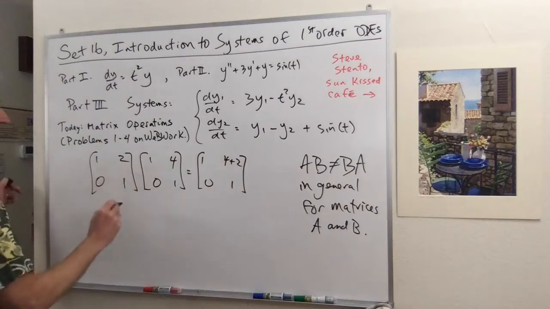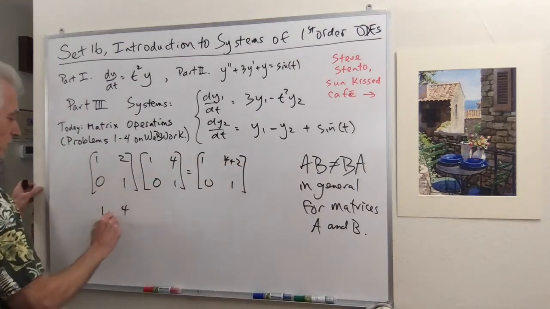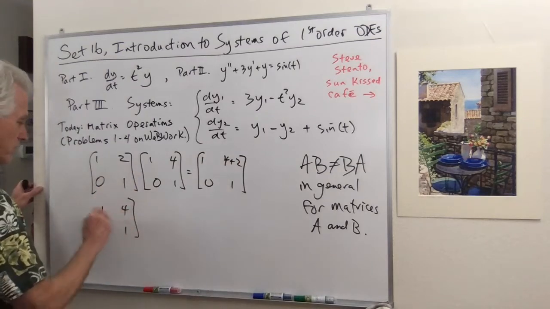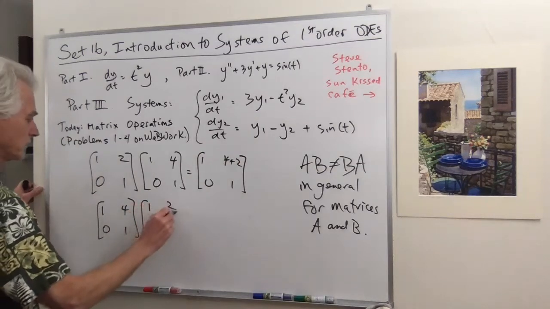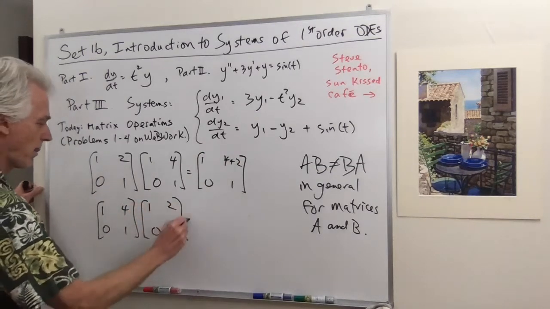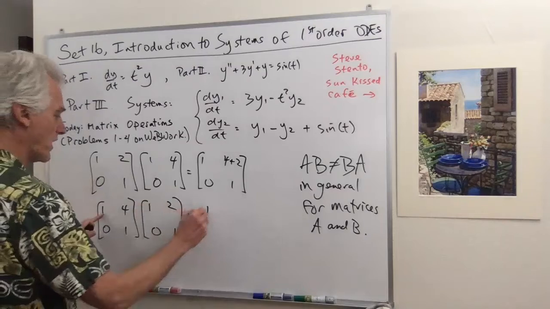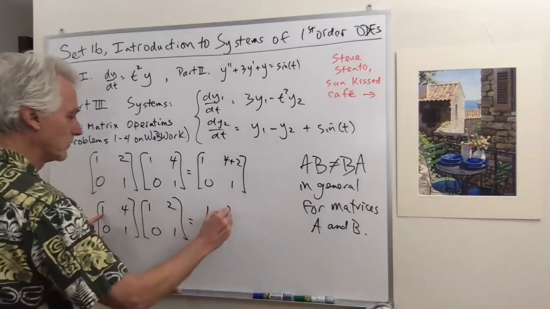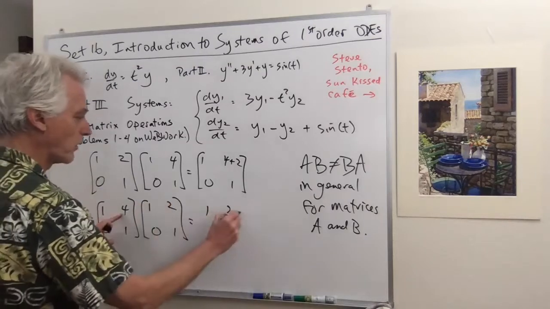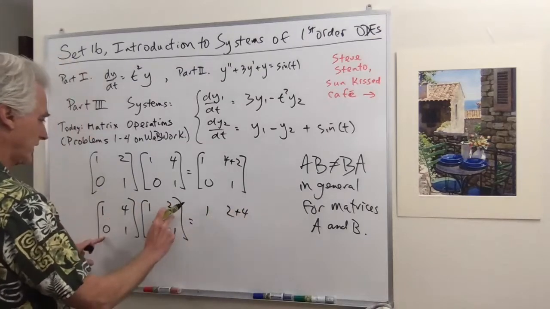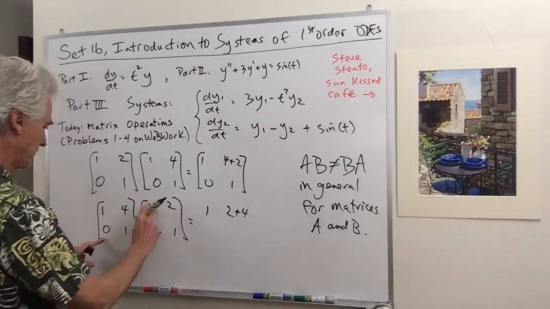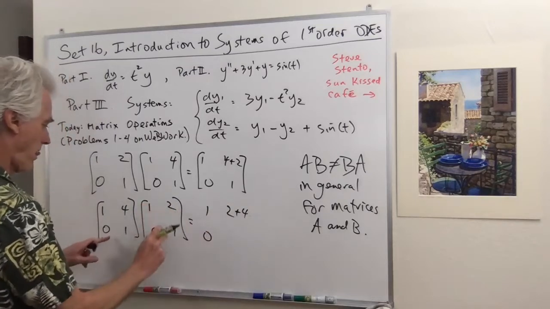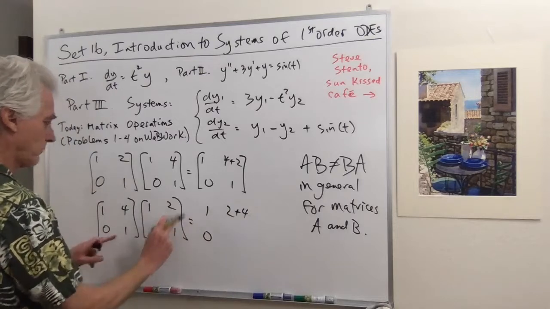But what if I take it in the other order? 1, 4, 0, 1 times 1, 2, 0, 1. Then I get a 1, and I get a 2 plus 4, and on the bottom left, 0 plus 0, and I get a 0 plus 1.